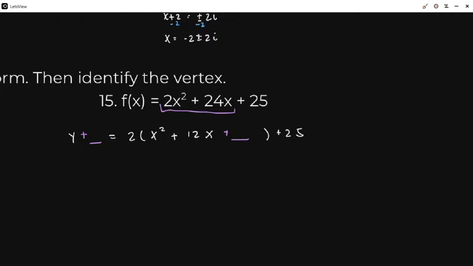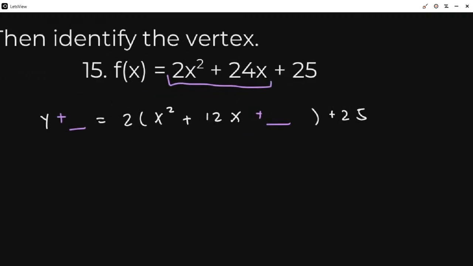Okay, so to figure out the number that we're adding, that would be 12 over 2 squared, which is 6 squared, which is 36. So that means there would be a 36 here. But we're actually adding 36 times 2 since we factored out that 2. So that means we will be adding 72 on the other side.